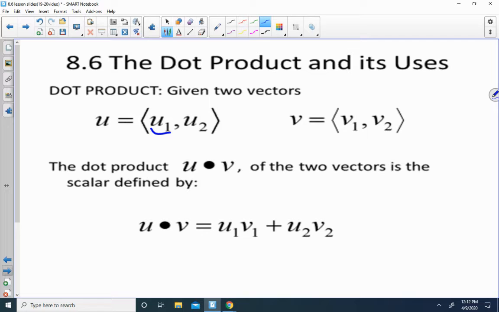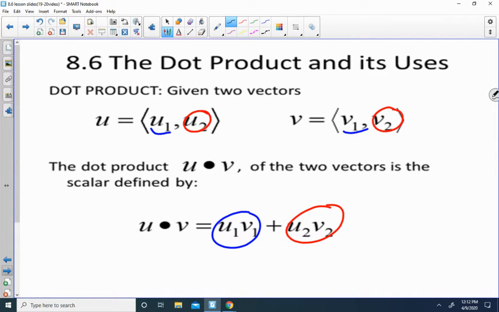You first take the first components of each of the vectors, like u1 and v1, and you multiply them together. Then you take the second components, so u2 and v2, of those two vectors, and you multiply them together. So in other words, you'll end up with two numbers.